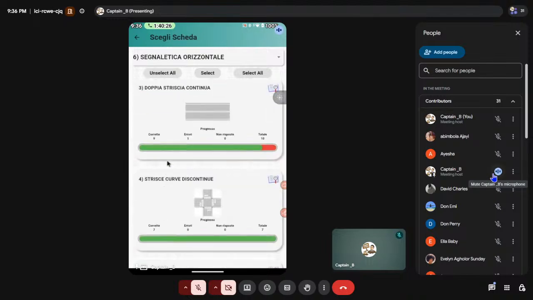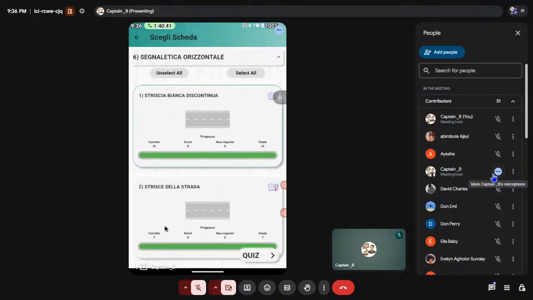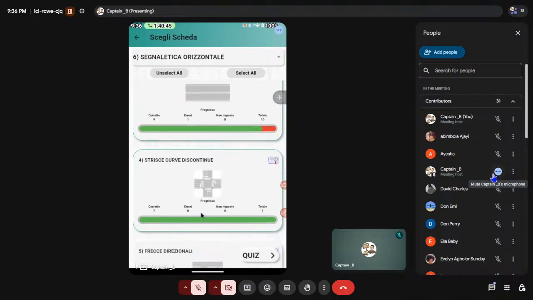Remember, I marked this 1 to 4, and we did quiz with it. Okay, good. Now we have to mark 1 to 4. You will press select like this. Look at select here. You press select. You will select 1, select 2, select 3, select 4.